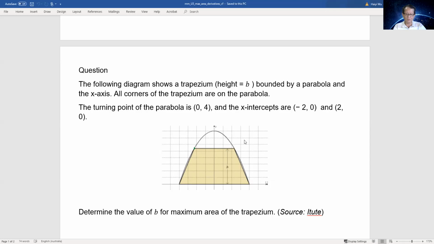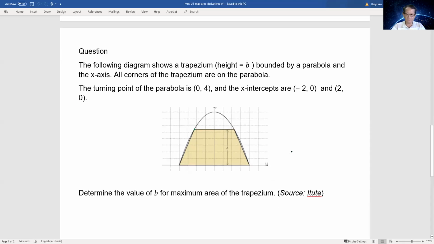We need to determine what is B, so that the area of the trapezoid becomes a maximum.